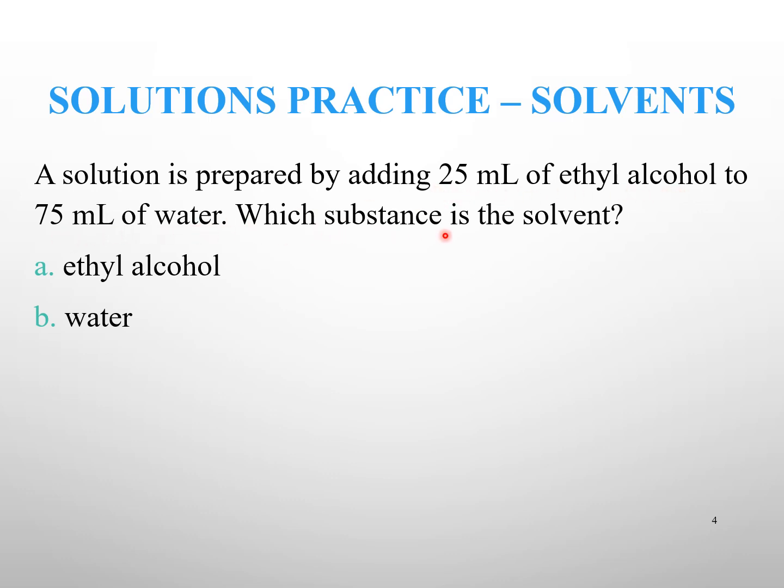So the substance that is the solvent will be the bigger component, in which case water, and ethyl alcohol will be the solute. So the answer to which one is a solvent is water. Ethyl alcohol, remember, is going to be the solute in this case.